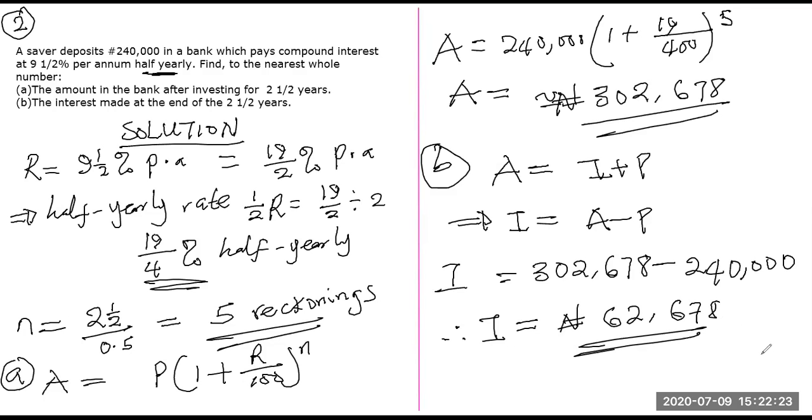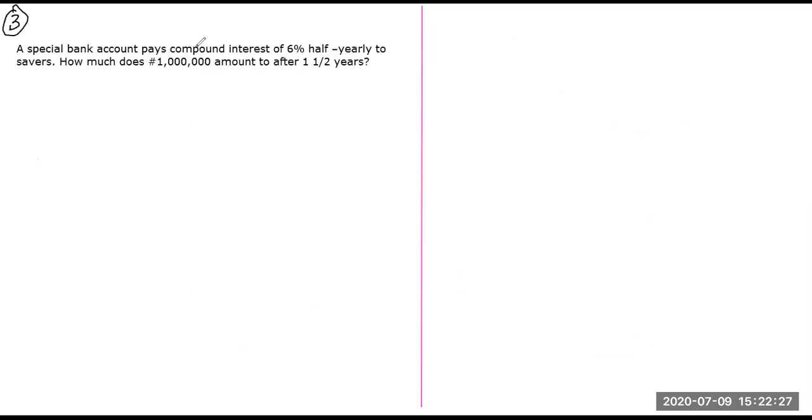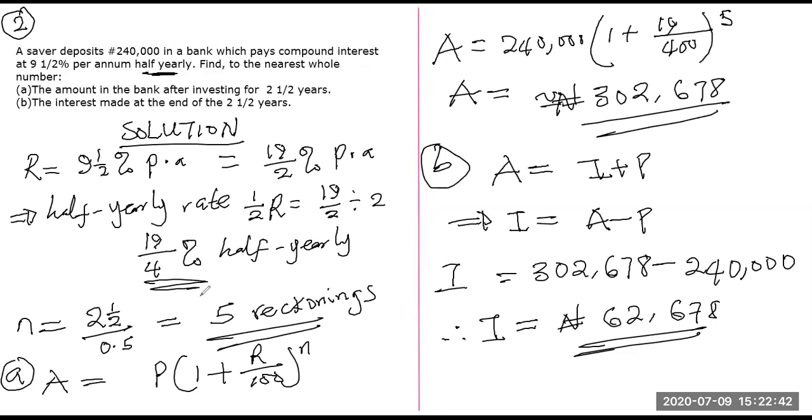Let's look at another question to also apply in question 3. A special bank account pays compound interest of 6% half yearly to savers. Wow, is somebody confused here? Let's look at question 2. In question 2, a saver deposits 240,000 naira in a bank which pays compound interest 9.5% per annum half yearly.